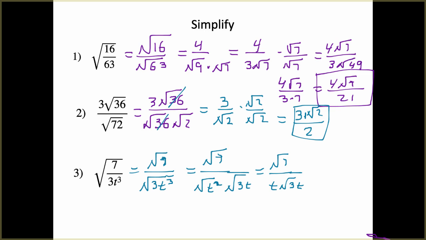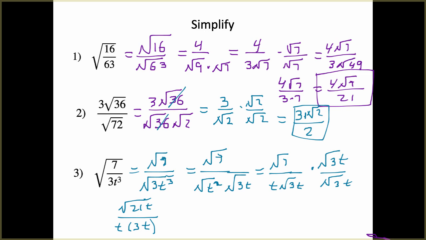Once we can't simplify it any further, we're going to rationalize our denominator. We're going to multiply both the numerator and denominator by the square root of 3t. And when we do this, in the numerator we get the square root of 21t. On the bottom, the denominator we had t, and then the square root of 3t times the square root of 3t is just 3t.